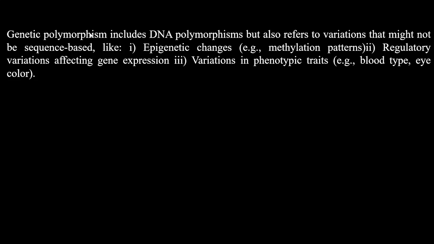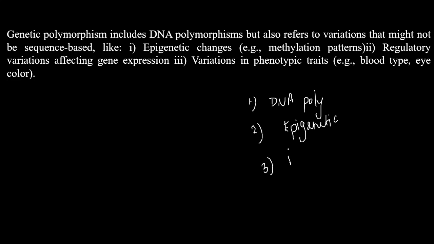So genetic polymorphism is a broader term. It includes, let me just write it down, three kinds of polymorphism. Number one, DNA polymorphism. Number two, epigenetic polymorphism.